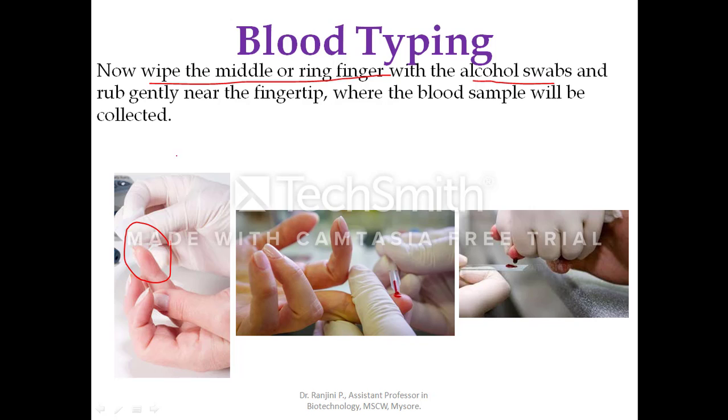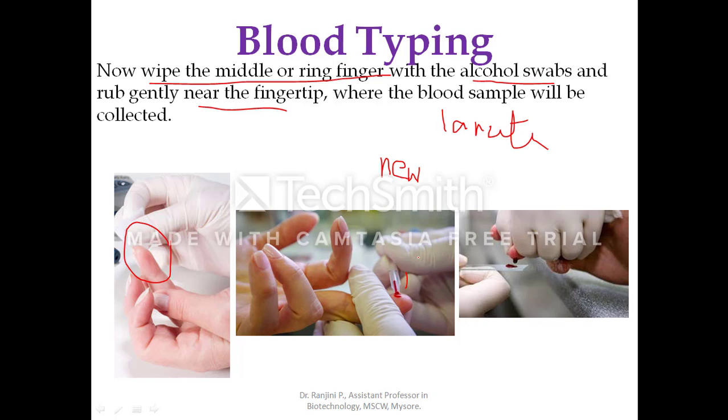After that, rub gently near the fingertip. Push the blood towards the tip of the finger, and a lancet will be used. The lancets, or needles, are taken, and these lancets will be fresh.